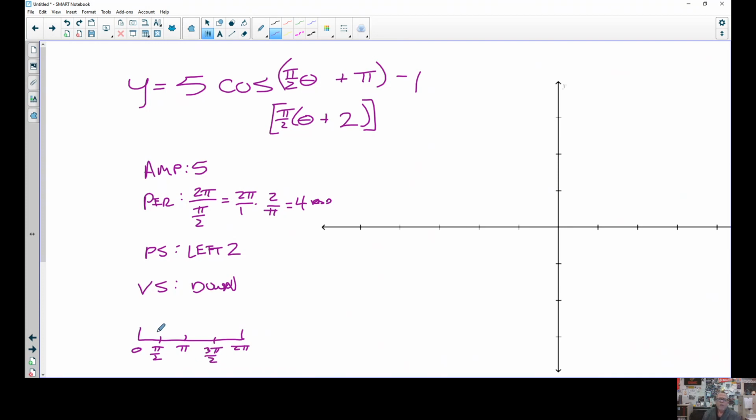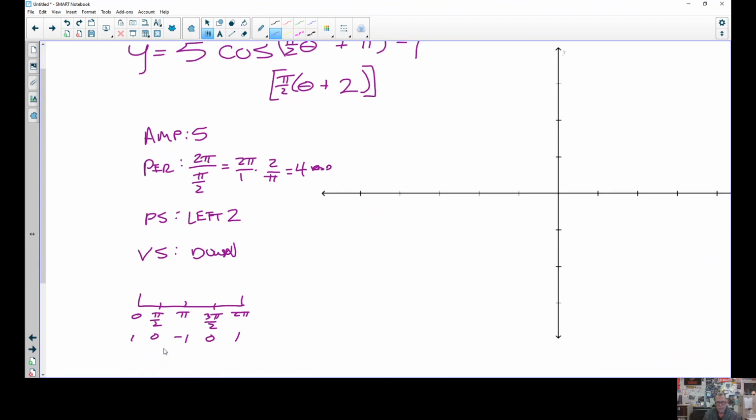Now, I know for cosine, this would have been 1, 0, -1, 0, 1. Now that's going to be multiplied by 5, right? So this is going to be 5, 0, -5, 0, 5.